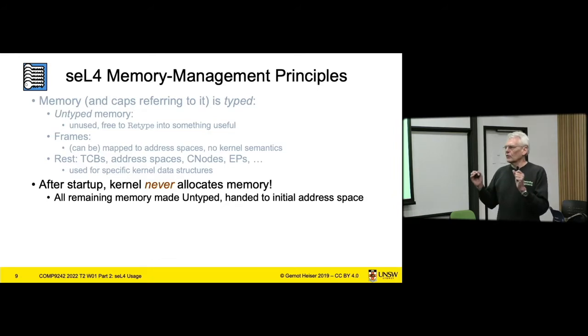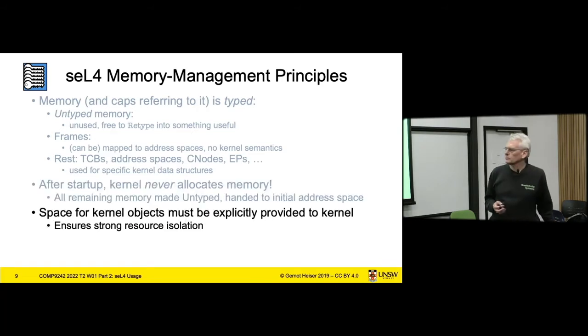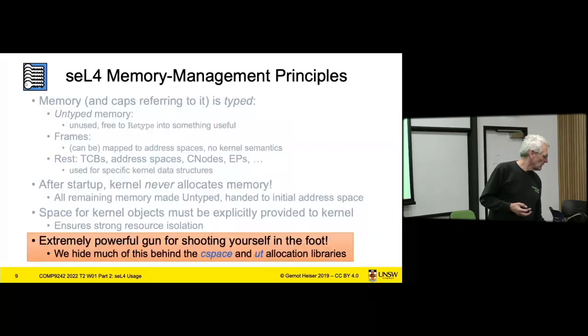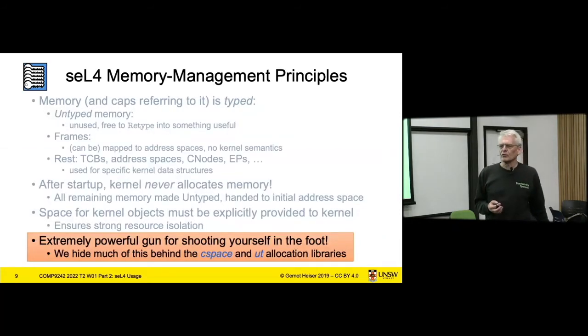So any memory the kernel needs for any of its operations, you need to explicitly provide to it. And that's the point of all these other object types, which you can retype into. So it's important to understand how this works. As I said in this warning here, this is a pretty big foot gun.